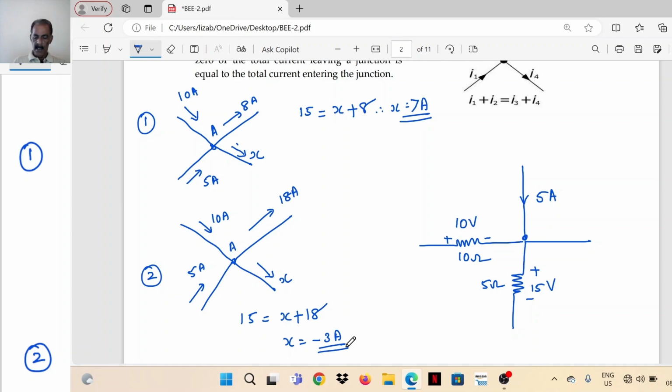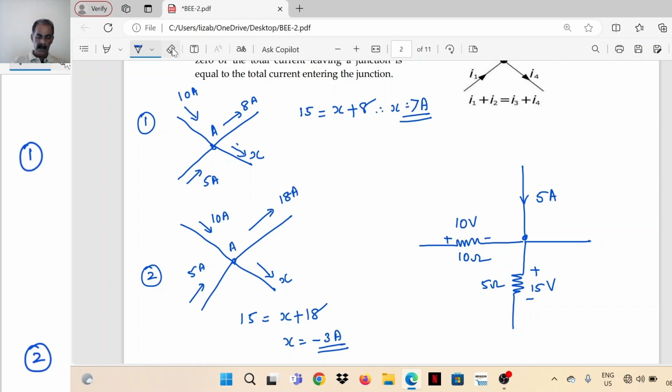That means the assumed direction of X is not correct, because while comparing the left and right hand sides, the left hand side, the sum of incoming currents, is equal to 15 ampere, and the right hand side is X plus 18. So while solving for X, we get minus 3 ampere.